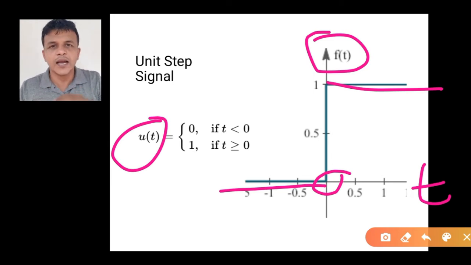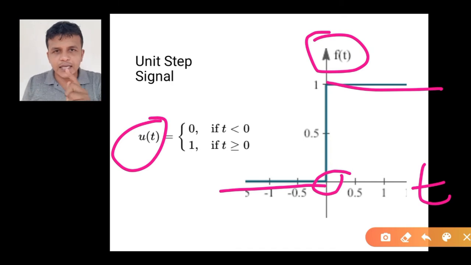As a real time example, we can consider switching on the light or fan after returning home. When we reach our home, the first thing that we do is switch on the fan, and until it is disturbed, it remains in the on position. Previously it was in the 0 position.